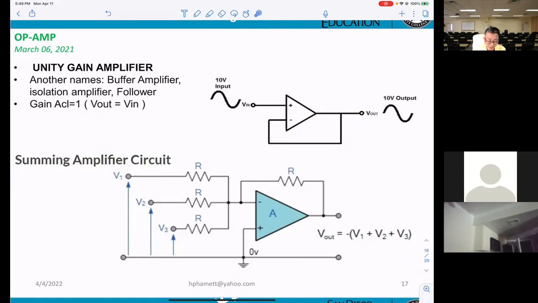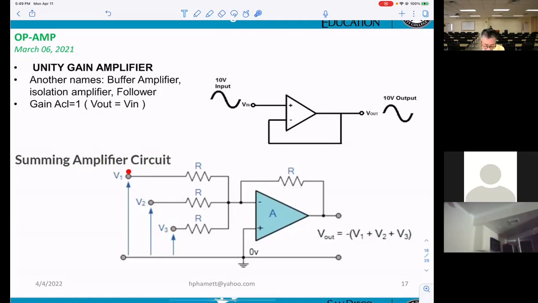And the next will be the summing amplifier. Basically, they're using an inverting amplifier to work as what they call a summing. What does that mean? That means you have more than one input.